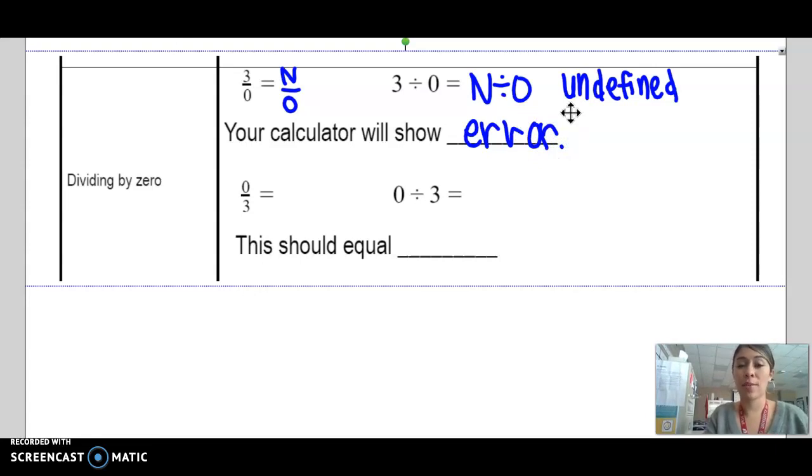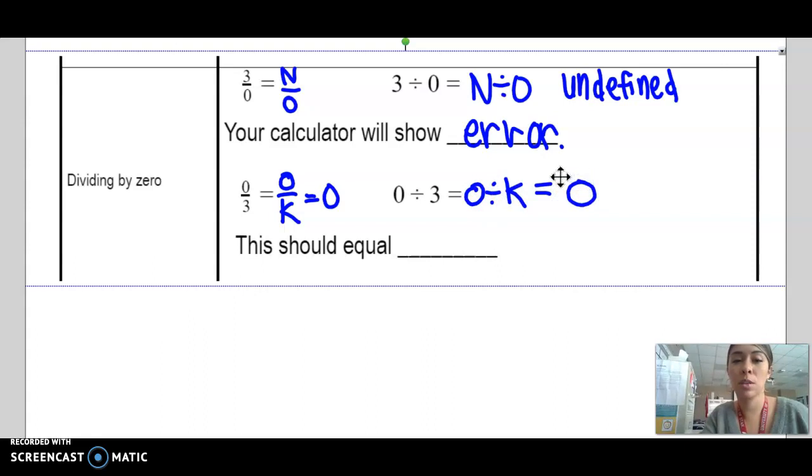But if you have 0 in the numerator, so you divide 0 by any number, that should equal 0. That is actually going to be okay, and your answer should be 0. The same if it's sideways, horizontal, so 0 divided by 3, that is going to also be okay. And that is also going to equal 0.